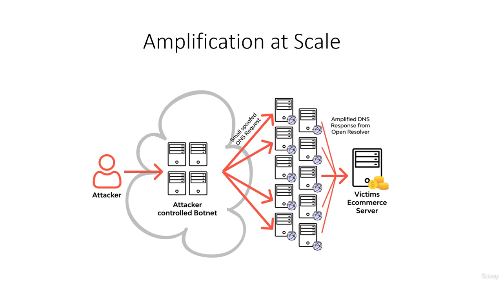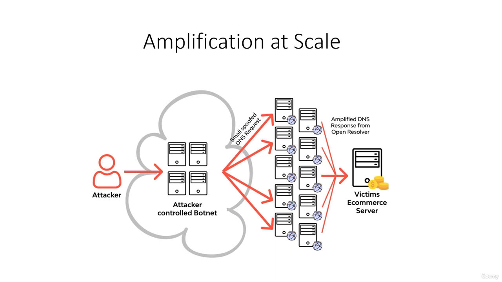We will take our attacker, and the attacker might have a mere 1 megabyte per second connection, a very small connection, but it doesn't matter because that is enough to communicate with their zombie machines. Remember, these are the machines that are in the botnet.